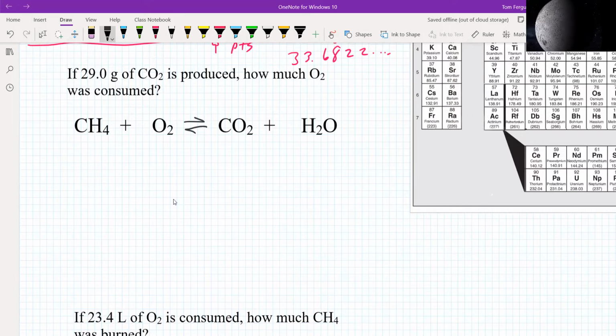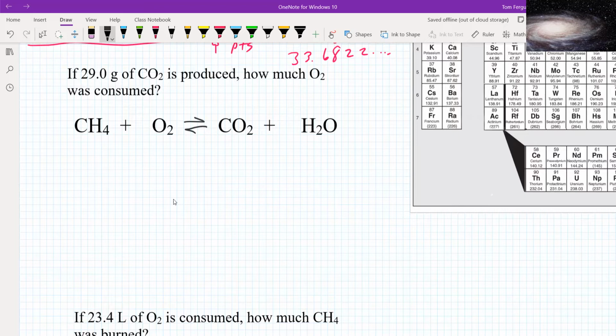Yeah, every reaction goes both ways. Sometimes it's really lopsided, where it's like 99.9999% one way or the other, but all reactions go both ways, okay?